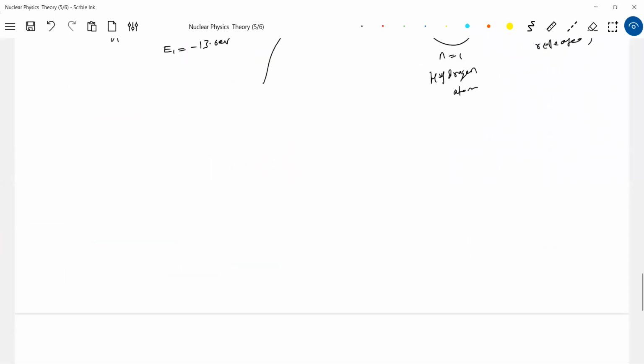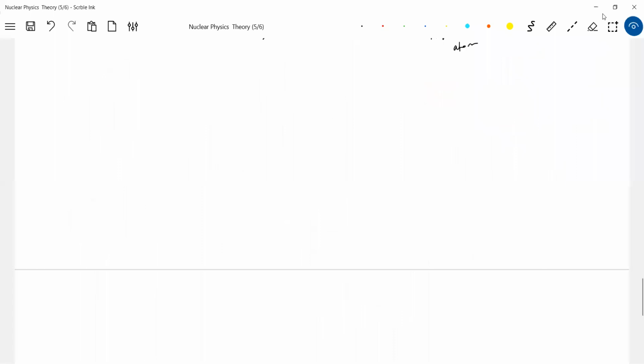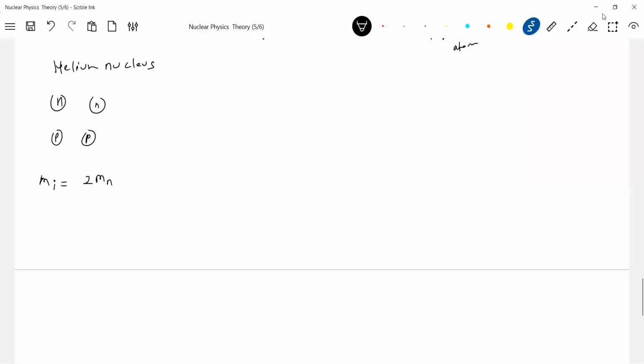So let me take the best example, the helium nucleus. How to make the helium nucleus? Two neutrons, two protons. They'll combine. I'll measure the mass of the system. Let me call that the initial mass. So it is 2 times the mass of neutron, 2 times the mass of proton, and so it will form a nucleus.